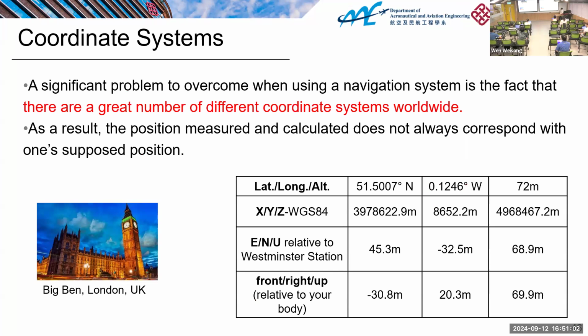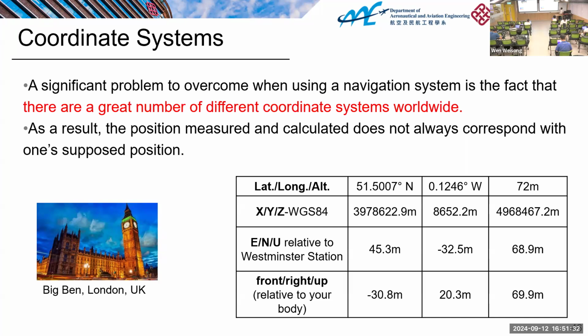Okay, Big Ben. Has anyone ever been to Big Ben? One, two, Big Ben, of course, right? Three. One more. Okay. So for example, if I just define a reference point at Big Ben, you can say the relative distance to Big Ben is like 45 meters or something.